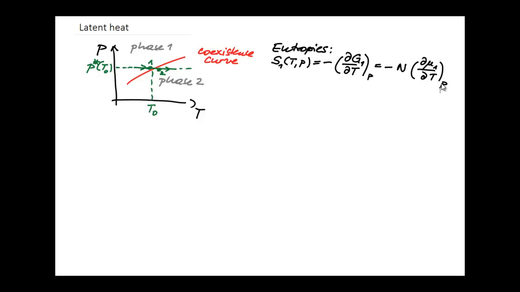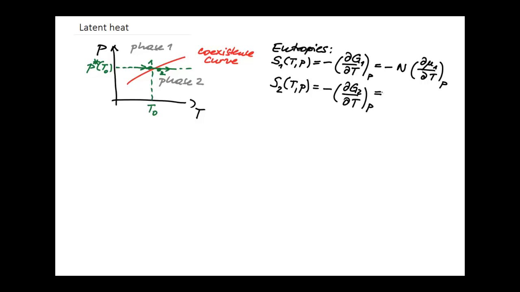Then let's go to point 2, where again we can calculate the entropy from the free enthalpy by taking the partial derivative with respect to temperature at constant pressure. But now we have to use the free enthalpy G2 of phase 2. It's a different function. And same argument as before.